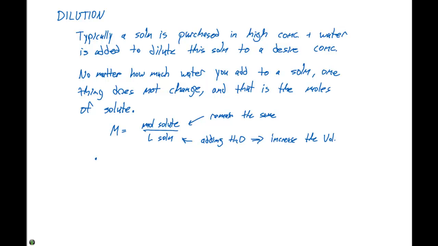So therefore, the molarity or concentration decreases when water is added. And this is referred to as a dilution.